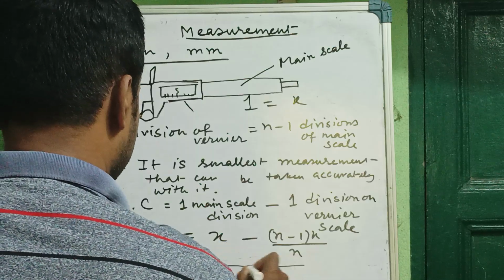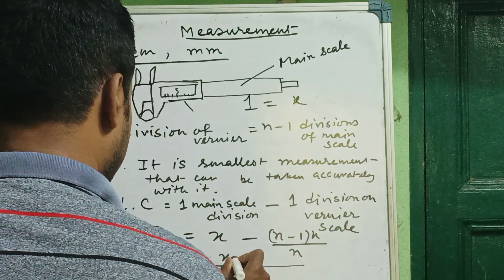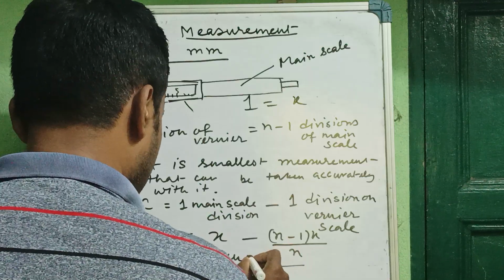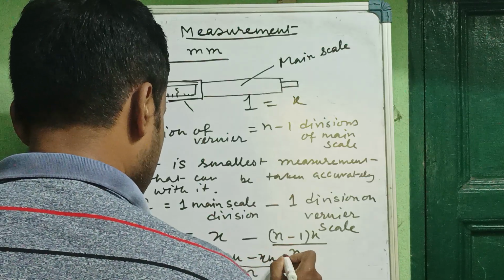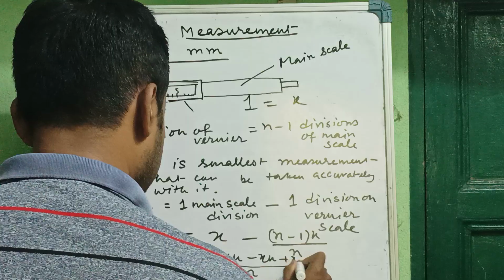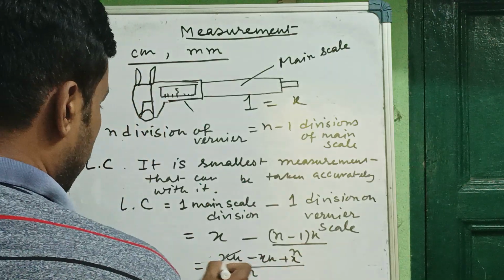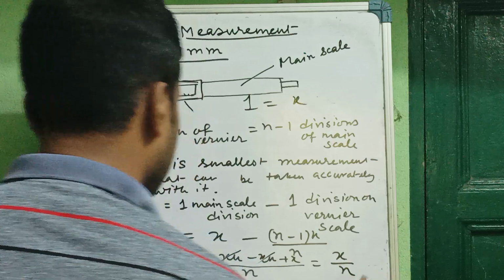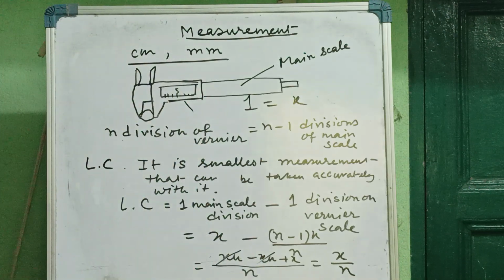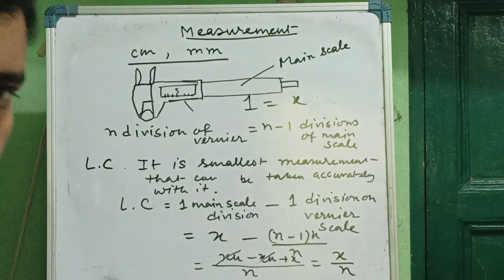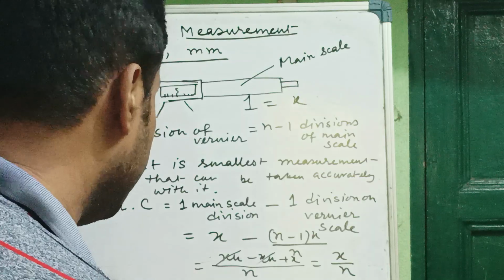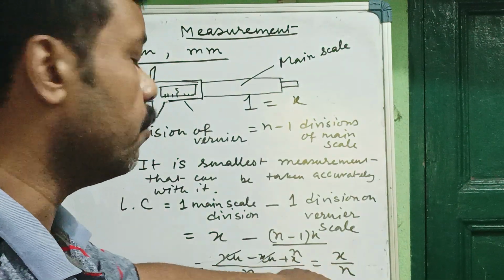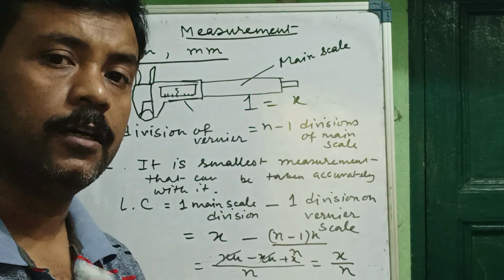By taking the LCM we get xn, and after opening the bracket, xn minus xn plus x, so xn can be cancelled out. So now it is x by n. So the formula is x by n. Least count of the Vernier scale is x by n, that is, one main scale division divided by the number of divisions of the Vernier.